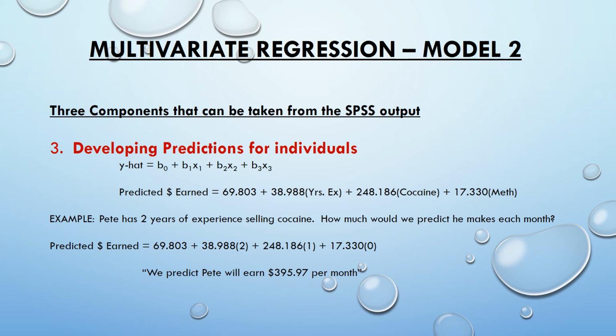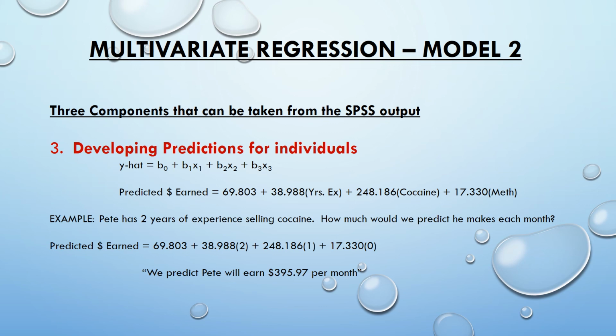So you'll see that under developing predictions for individuals, it says y hat equals B0 plus B1X1 plus B2X2 plus B3X3. If we had a fourth independent variable, we would just add it in there: plus B4X4. So you just keep going in a very linear fashion in that sense.